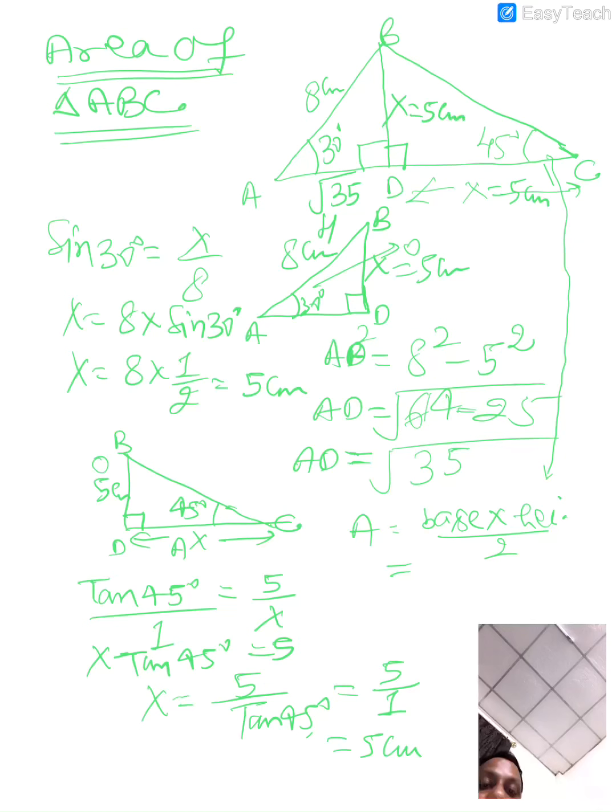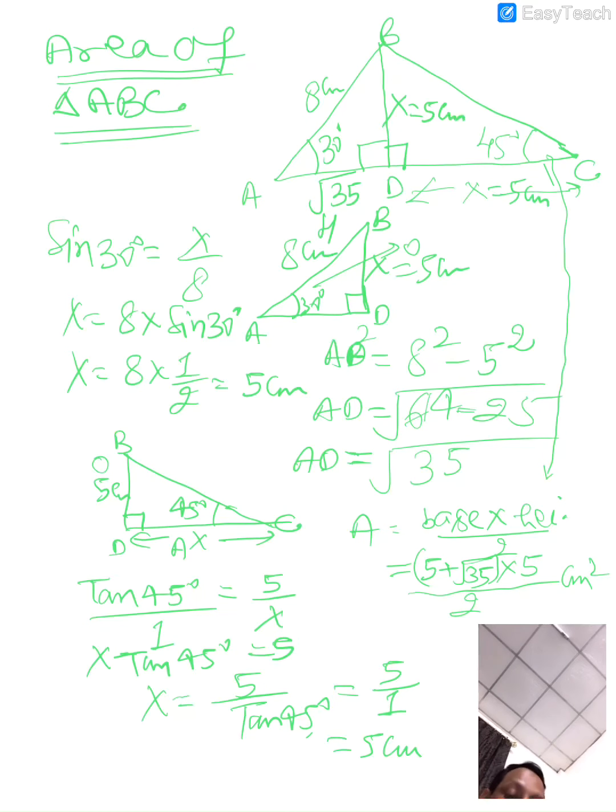Our total base is 5 plus root 35, right, times height, which we got already, 5, and this has to be divided by 2. So please use your calculator and simplify this. You'll get the final answer to 2 decimal places or one significant figure. Alright, so this is the whole thing you have to know if you are interested.